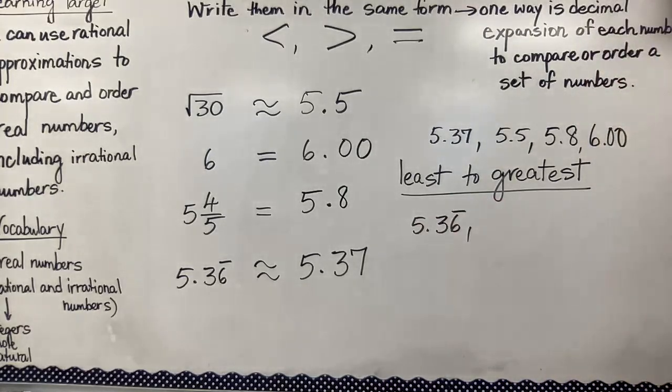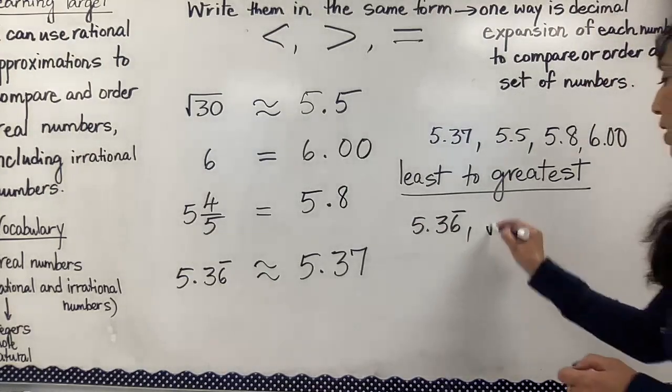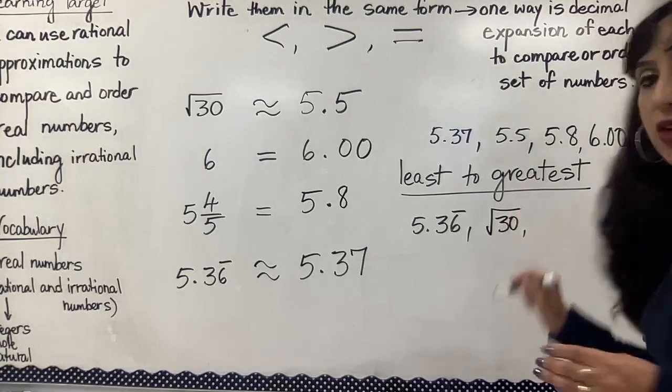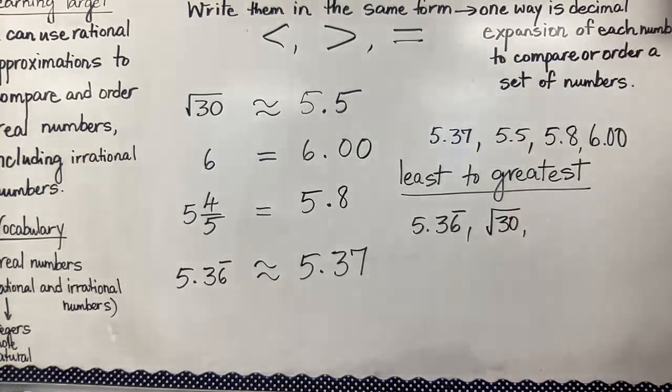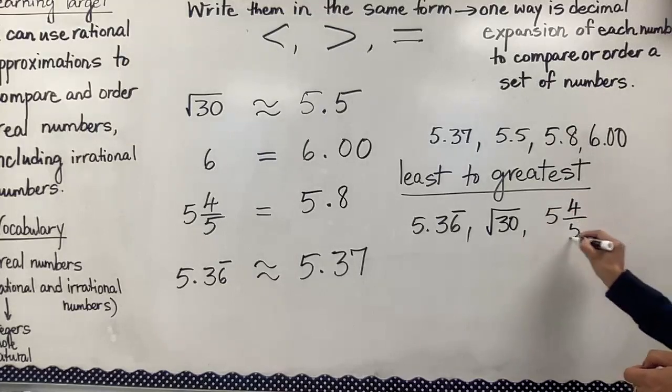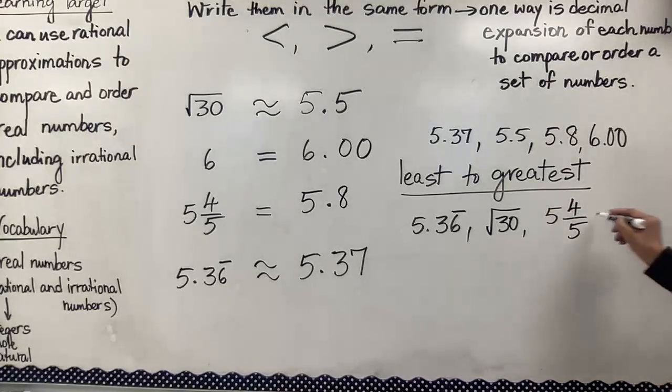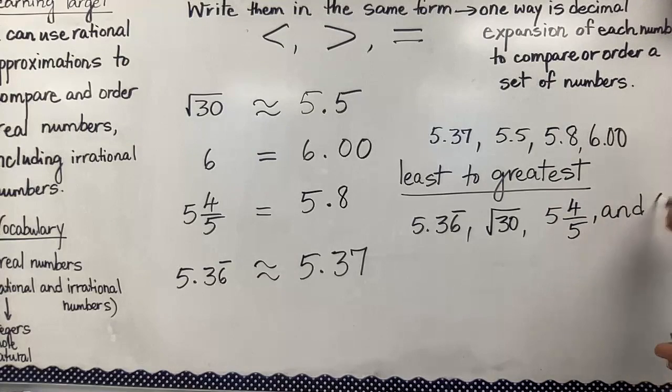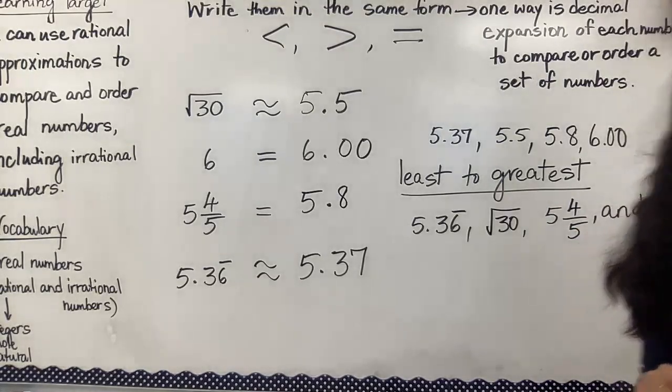The next number here is the square root of 30. So we are putting the original format back. Next one is 5 and 4/5, and the greatest is 6. So now here are the numbers in the correct order.